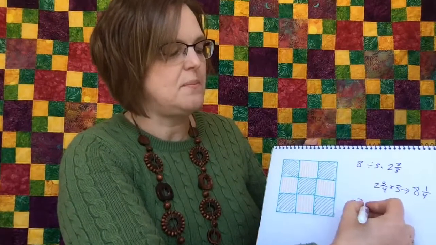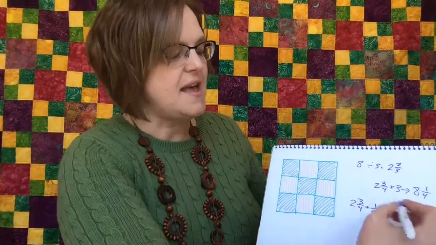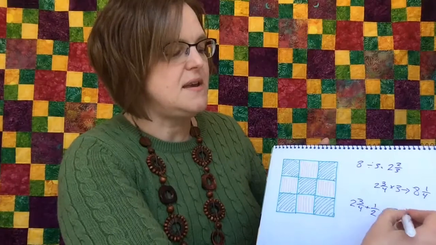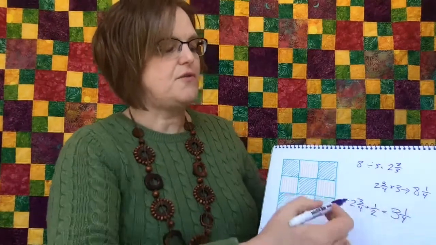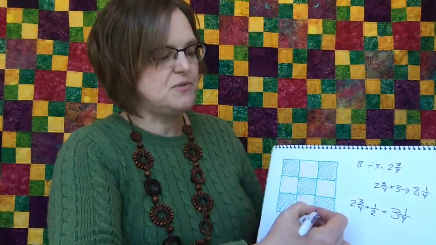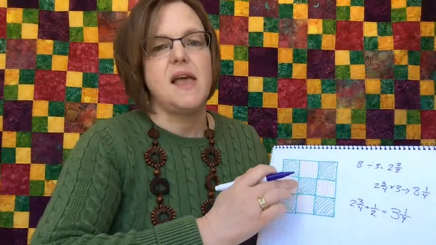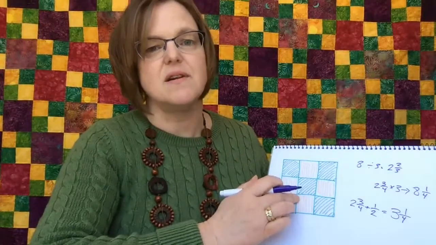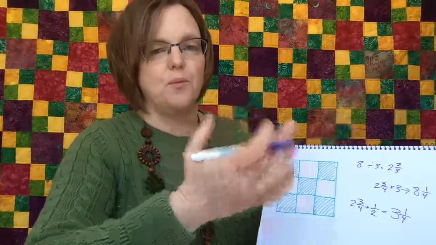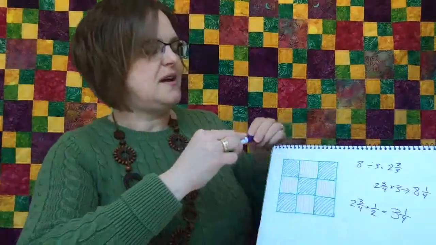So if you cut these pieces 3 1/4, they'll finish at 2 3/4, and then your whole block will be 8 1/4, or with the seam allowances 8 3/4. So just remember how to do the seam allowances. It's not difficult math. Just take it step by step.